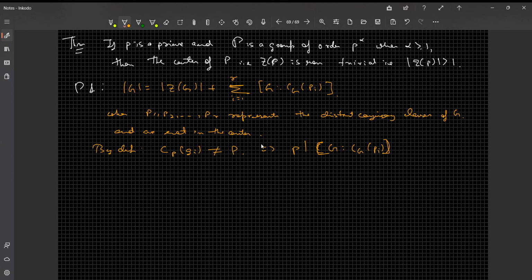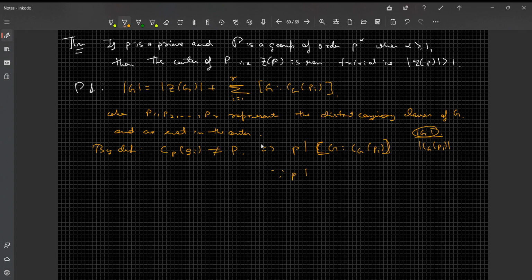Because what is the index? The index is basically the order of G divided by the order of the centralizer, right? This is the index. So p divides the order of G. Therefore, p obviously divides the index, right?